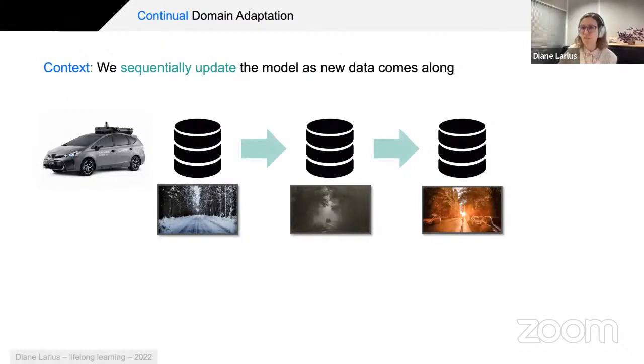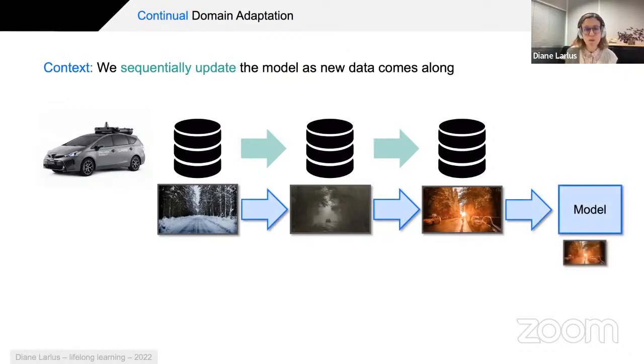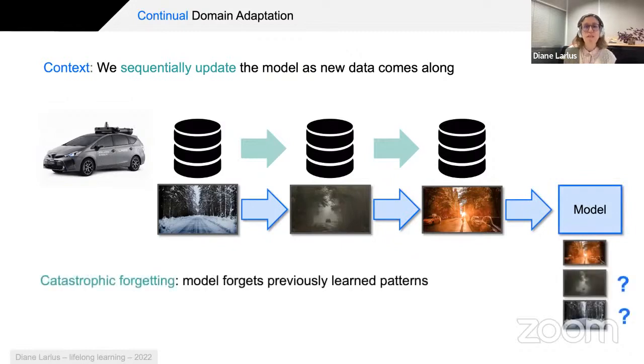And as these new weather conditions or new environments come, you get data and you're going to update your model accordingly. But without precaution, as we just mentioned, as the model gets updated, it is likely to forget the previously learned patterns. This is what I called catastrophic forgetting.